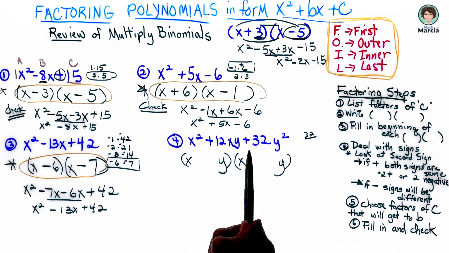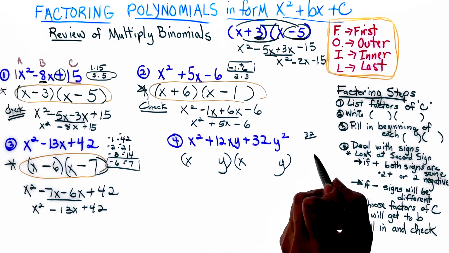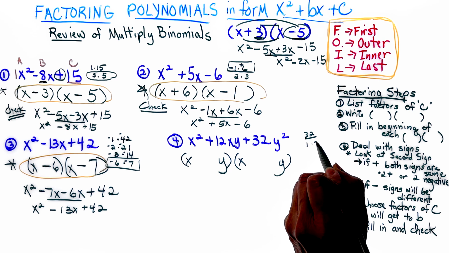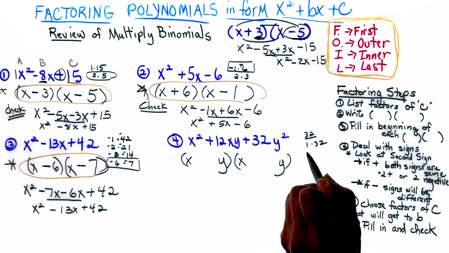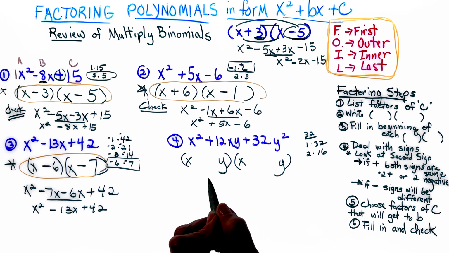And let's look at the sign just so we know what we're dealing with. Notice it is a plus 32 and it is a plus 12. So that means that I have to have both of them being positive. So I'm going 1 times 32. Well, that doesn't work. 2 times 16, that won't add up because remember, they're both positive.